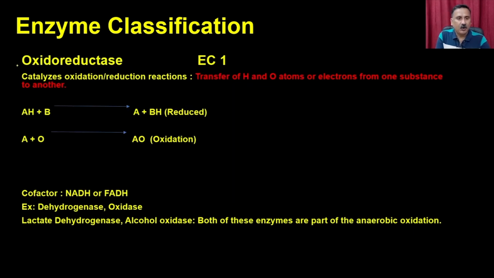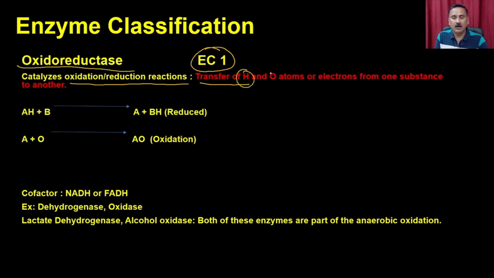So first is oxidoreductase. As I said, it is EC 1. And what reaction is it going to catalyze? It is going to catalyze an oxidoreduction, which means there is a transfer of proton, hydrogen or oxygen, or a withdrawal of electrons from one substrate to another substrate.